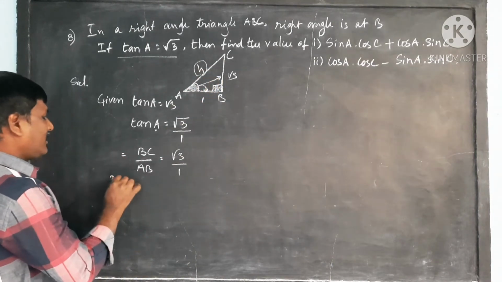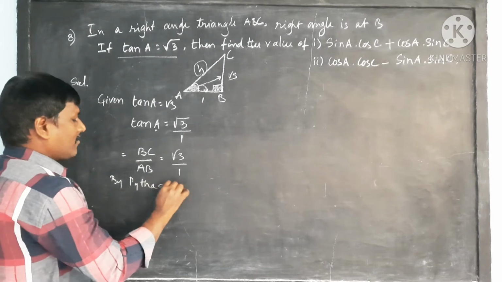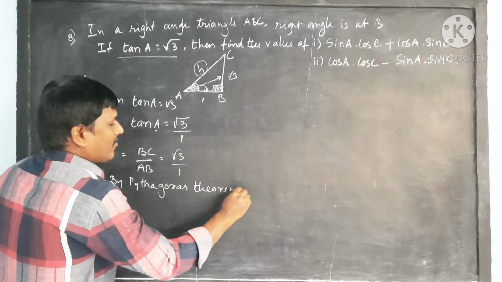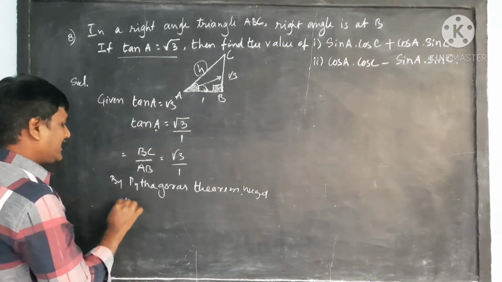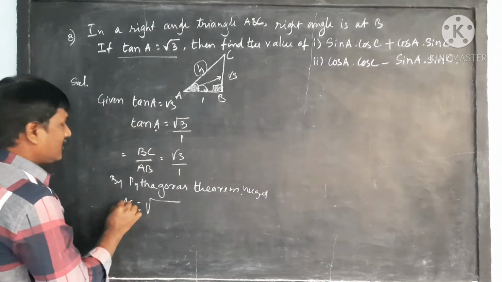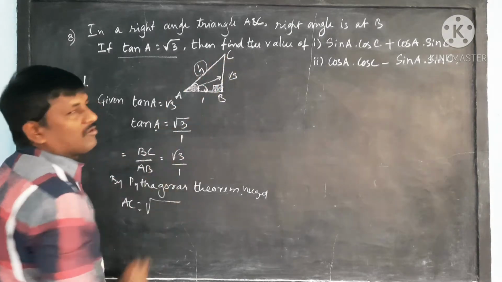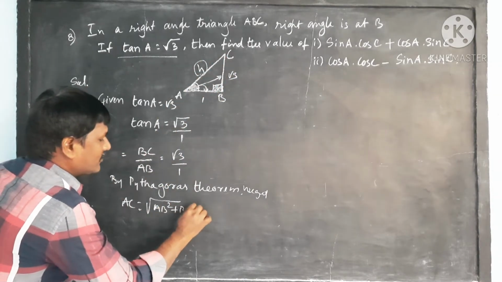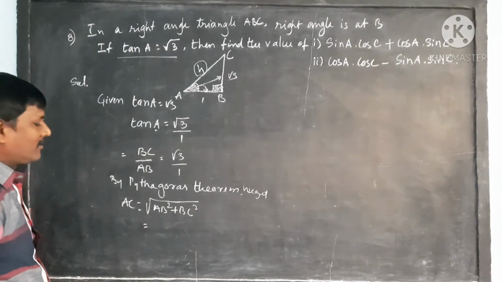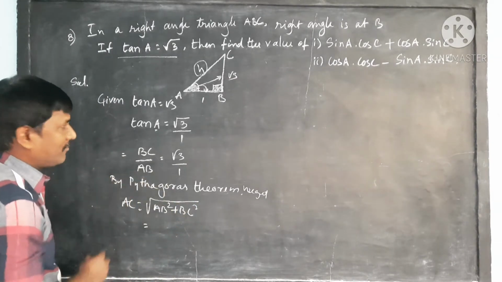So by Pythagoras theorem, we get AC is equal to under root AB square plus BC square. Now substitute the values of AB square and BC square.